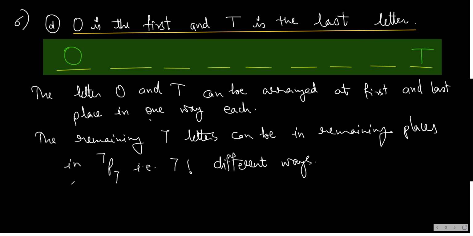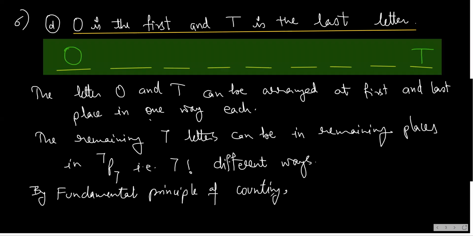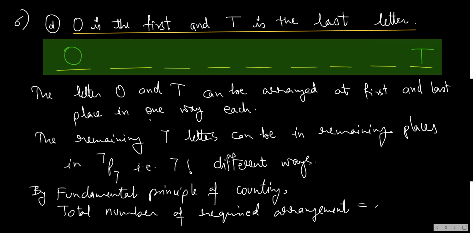by fundamental principle of counting, total number of required arrangements is equal to 1 into 1, one way for O, one way for T, into 7 factorial.